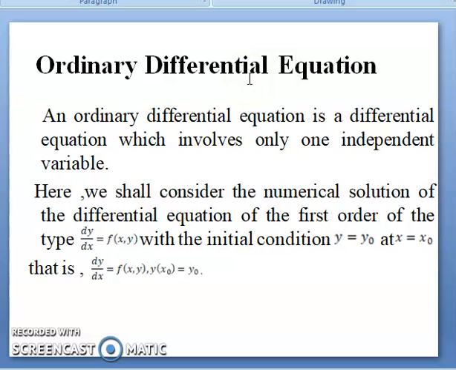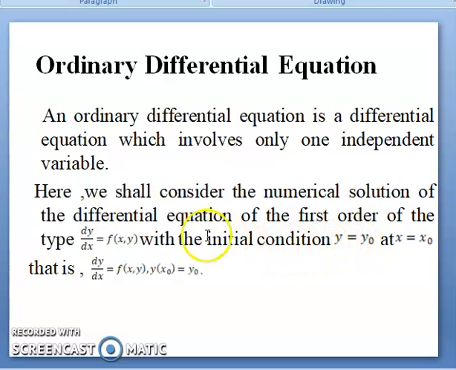An ordinary differential equation is a differential equation which involves only one independent variable. Here we shall consider the numerical solution of differential equation of the first order of the type dy by dx equal to f of x, y, with initial condition y equal to y0 and x equal to x0.